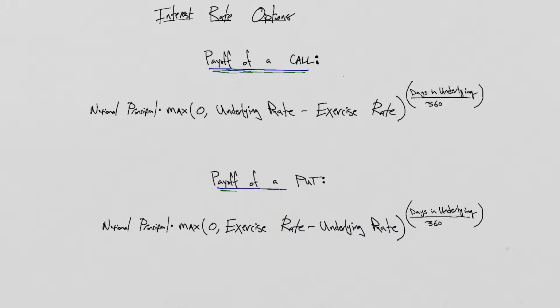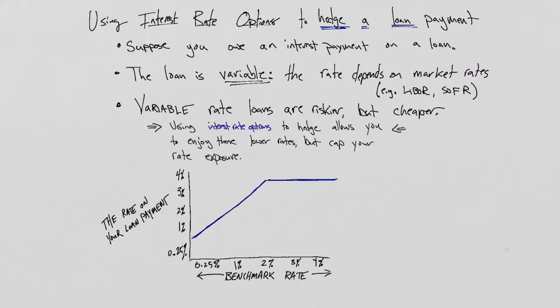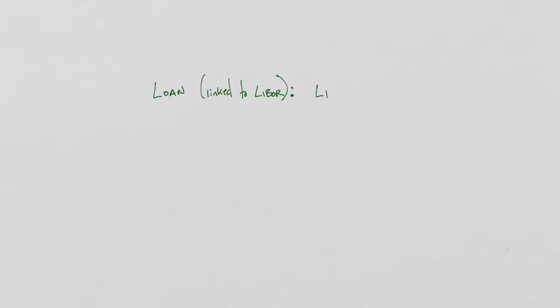And when it comes to hedging, one thing that we need to note is that with an interest rate option, when you're trying to hedge against an interest rate rise, this is where it would be more expensive to you because you have a loan linked to LIBOR, and what you might pay is whatever LIBOR is plus a certain amount, it's basically a credit spread based on the risk of you as an individual borrower.